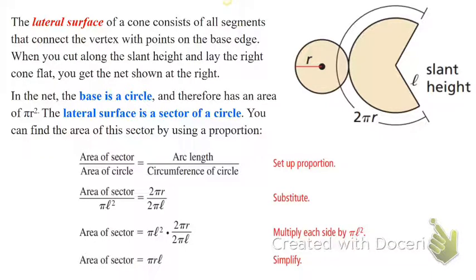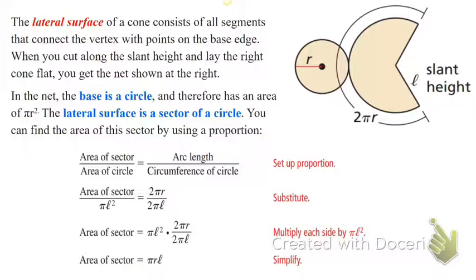So the area of our sector divided by the area of the circle. Now if you take a look at the circle we have here, on the right, the lateral area now has a radius of L. So the area of the big circle would be pi L squared.